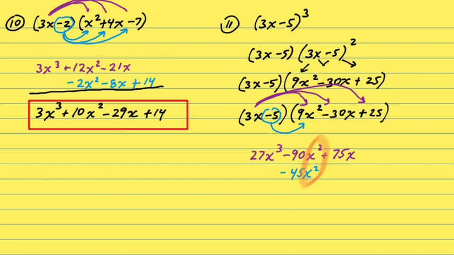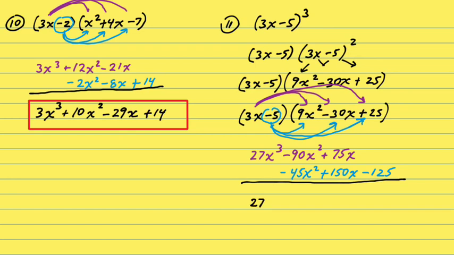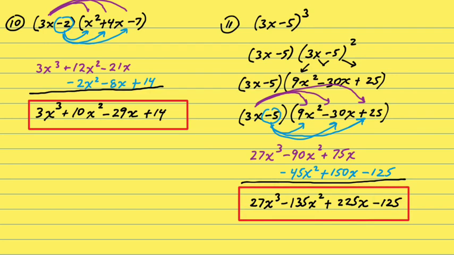Again, notice how I'm lining up my squared terms. Negative 5 times negative 30x is a positive 150x. Negative 5 times 25 is negative 125. We're going to combine like terms. You have 27x to the third, negative 135x to the second, plus 225x minus 125. Now we've expanded that binomial.